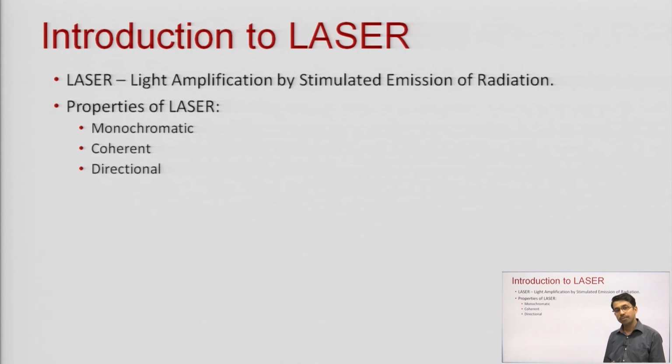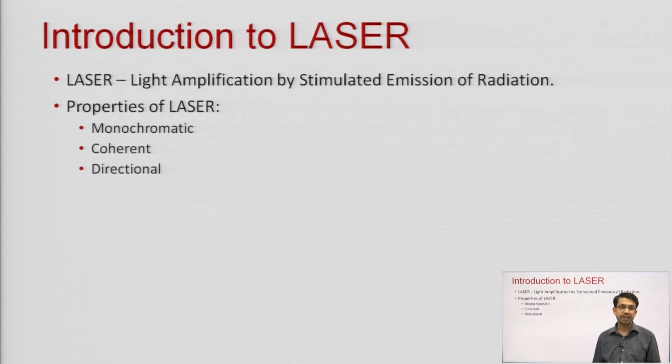Now, what is monochromatic? Light of a single wavelength. White light, we know, is a combination of 7 colors, and a range of wavelengths is inside it, and we need monochromatic, single wavelength light in various processes. In laboratories and in research, we need light of a single wavelength.